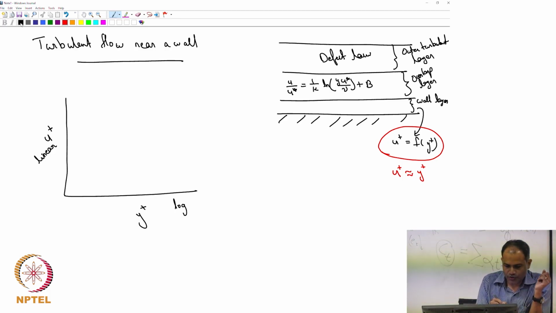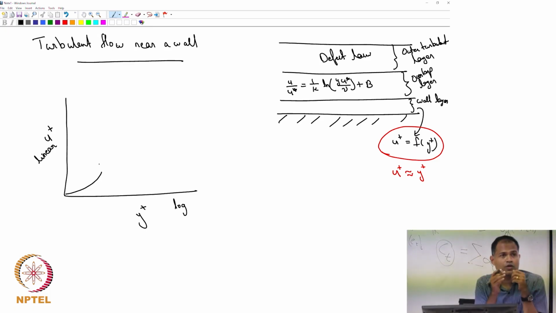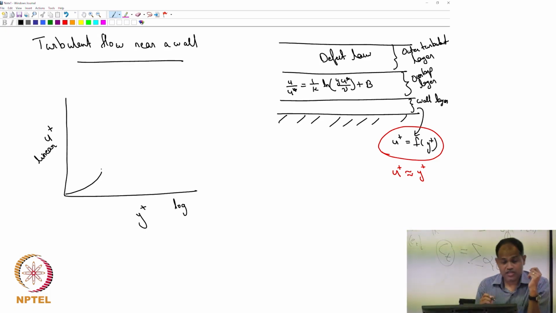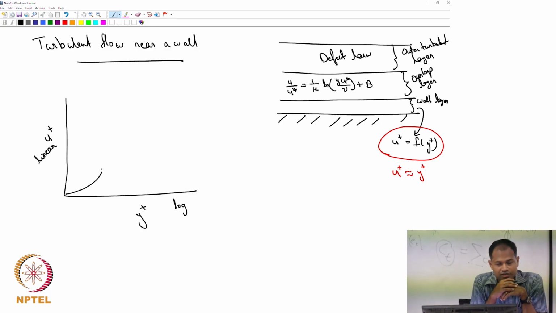If you use that, you get something like this. It's a log-linear plot, so it won't be a straight line. That's what the wall layer will look like. Then we have the overlap layer. In the overlap layer the law is already logarithmic, so in this plot it looks like a straight line, with a smooth connection.